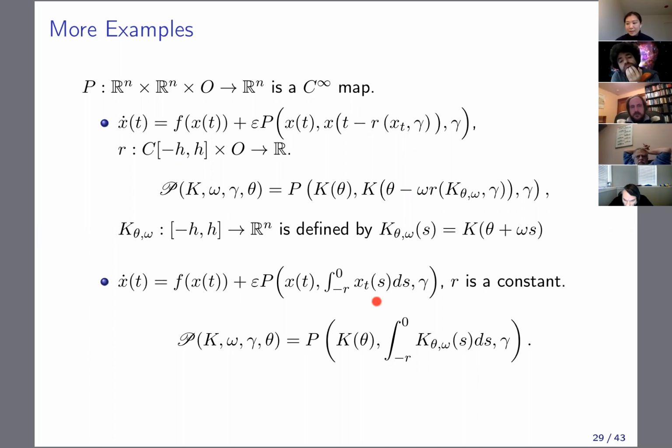So we can get the calligraphic P in these cases. And if the calligraphic P satisfies the assumptions that we imposed, then we know our results will apply. Let me emphasize that our results are not limited to one delay or one advance. The perturbation can involve several delays or several advanced terms.